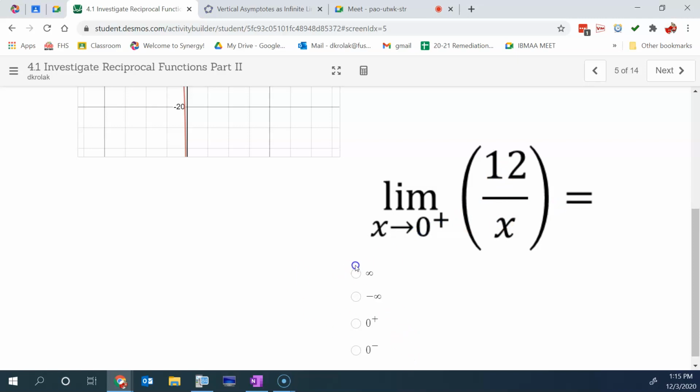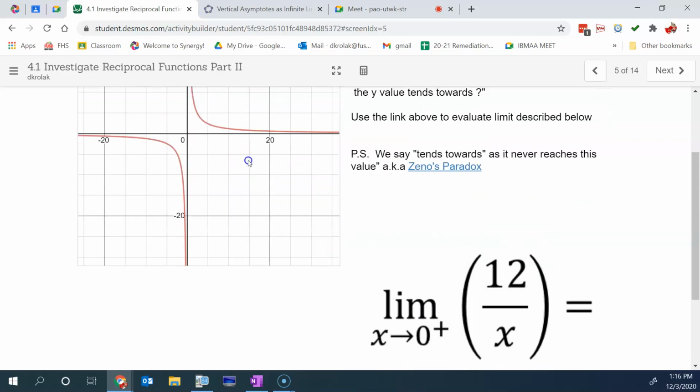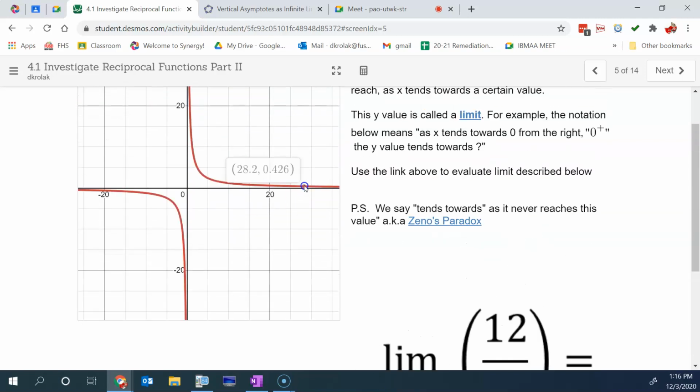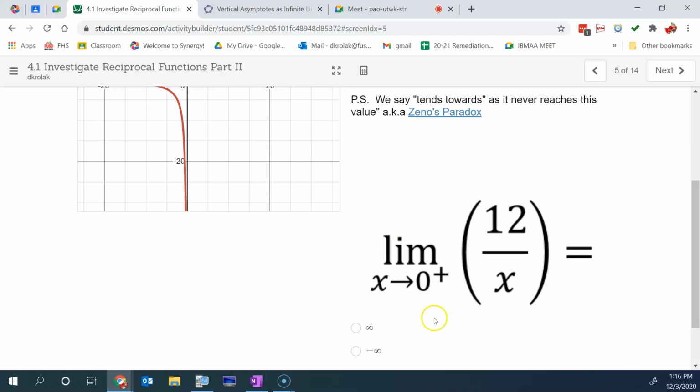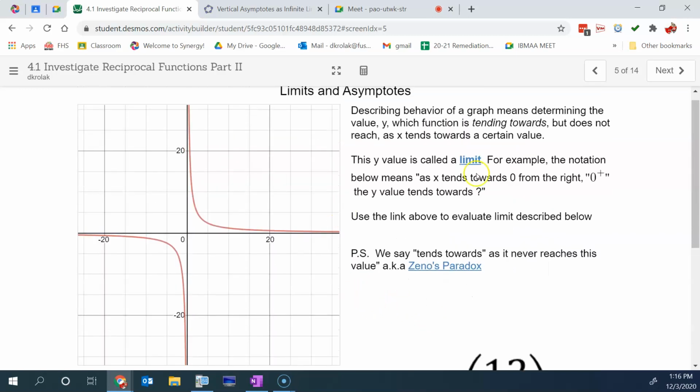Okay, so let's look. 0 from the right. So yes, very good. It's going to be positive infinity because I'm coming in from the right. Okay, so this would be positive infinity. Okay, go to the next slide.